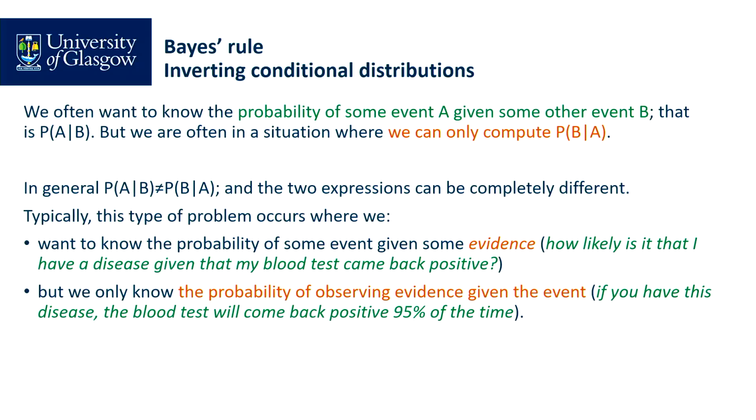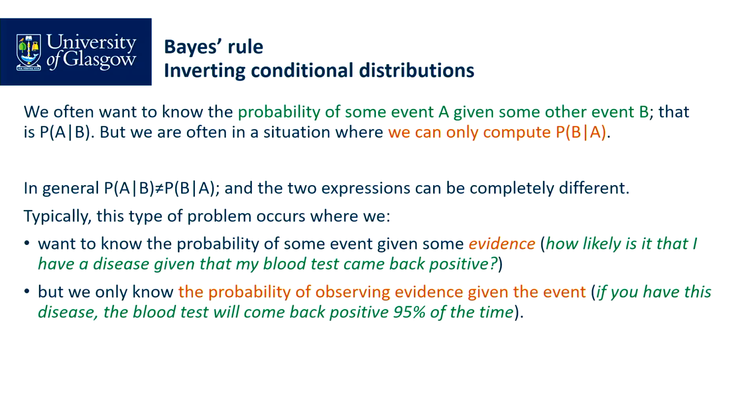You've measured some evidence, and you want to know how likely something is. So how likely is it that I have a disease given that my blood test came back positive? The evidence we have, the fact that the blood test turned back positive, is something that is caused by the thing we're interested in. Okay? The test is likely to be positive because you're infected or not, so that's what's causing it.